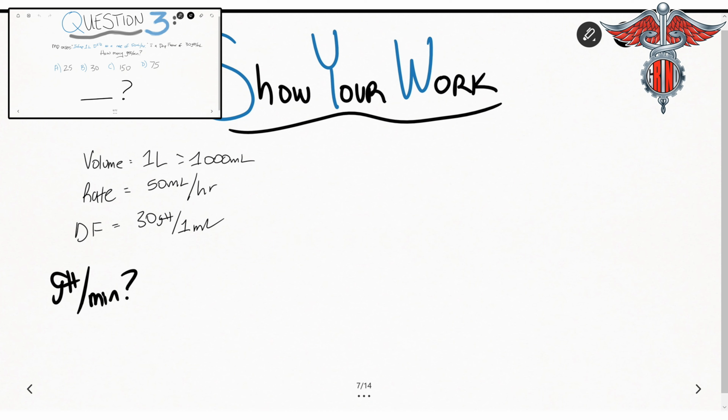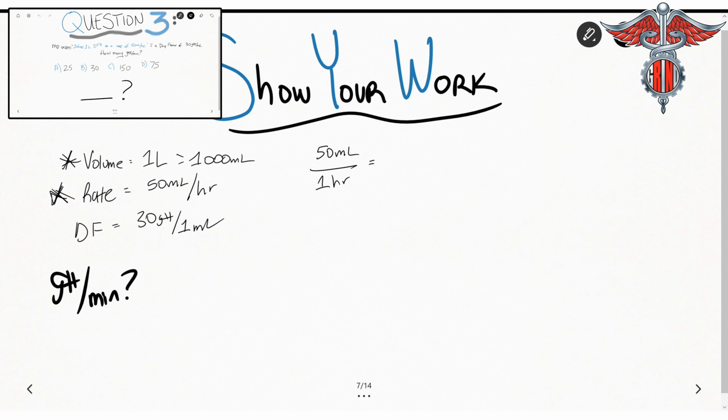So how do we solve for this? So we know that a total of 1,000 mils infused into this patient, and it did so at a rate of 50 mils per hour. Let's go ahead and cross multiply in this situation. 50 mils per 1 hour.